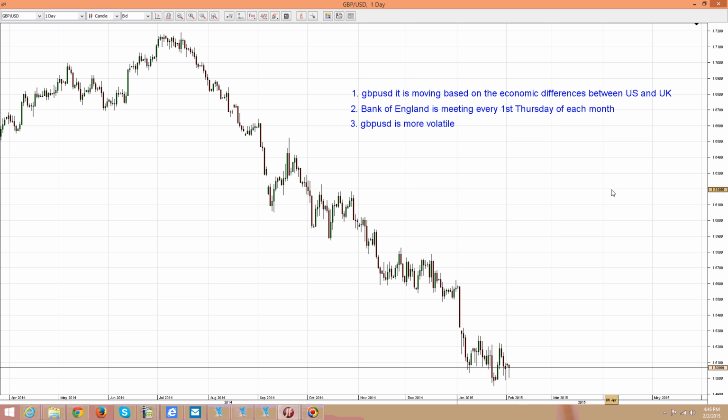It is very important to note also that the Great Britain pound US dollar, or the UK side of the story, is referring to an economy that is a service-based economy. The UK is a service-based economy.